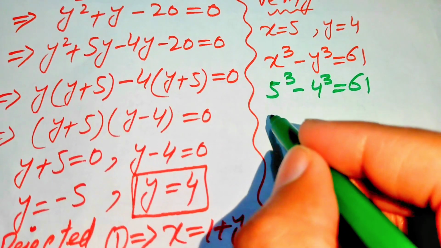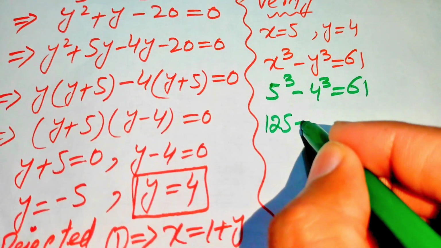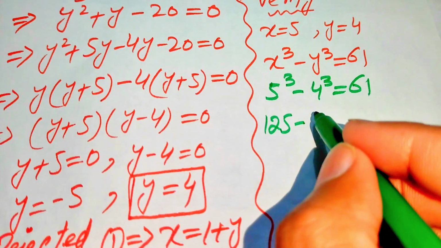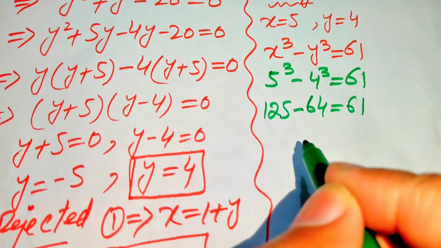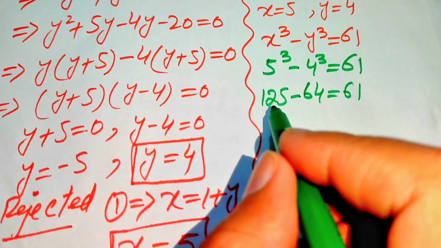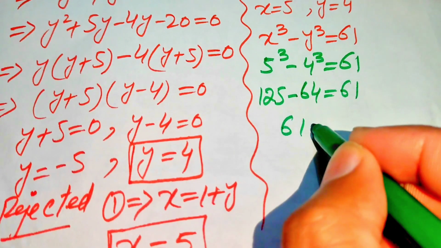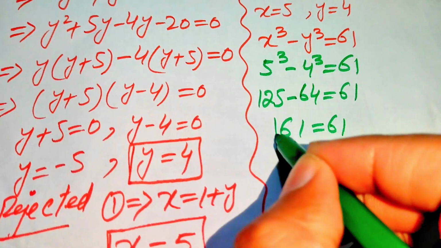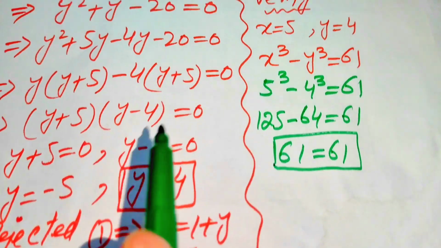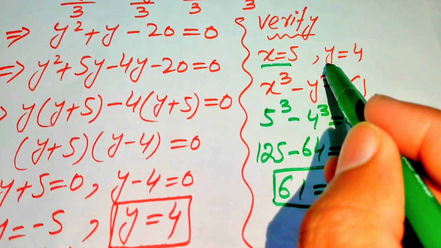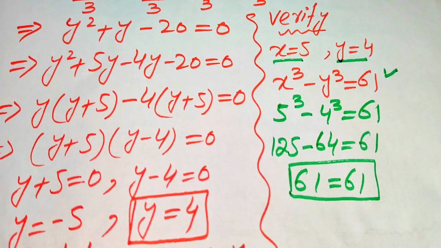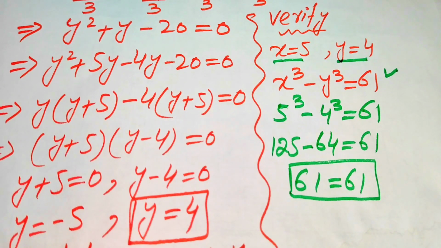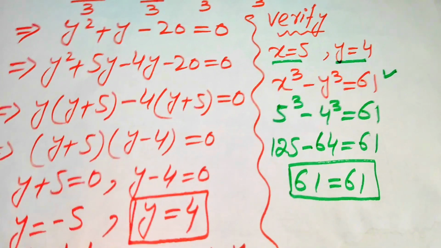You know that 5 cubed equals 125 and 4 cubed equals 64, so 125 minus 64 equals 61, which equals 61. This shows that the values of x and y satisfy the given question statement. So x equals 5 and y equals 4 is the only solution of this equation, and this is the final answer.